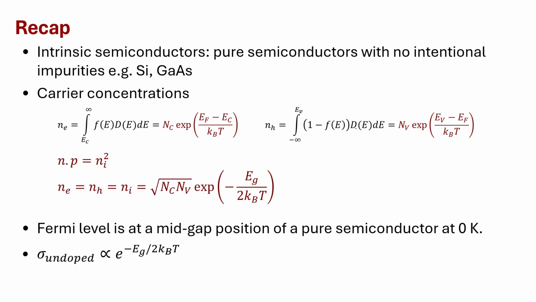So all you can do is add V here in the valence band and C here in the conduction band, and that will give you expressions for electron and hole concentrations: for electrons, Nc into exponential of EF minus EC divided by kBT, and for holes, Nv into exponential of EV minus EF divided by kBT.